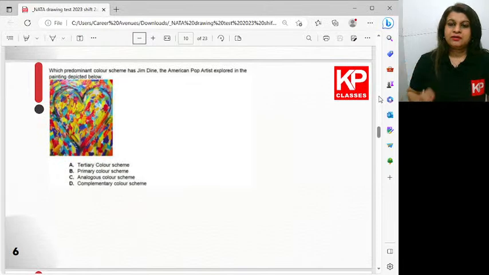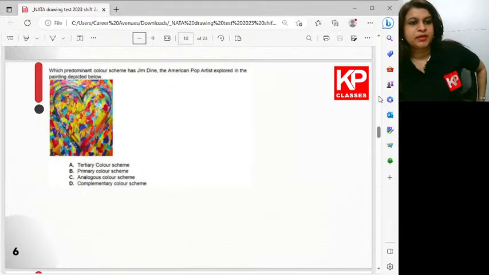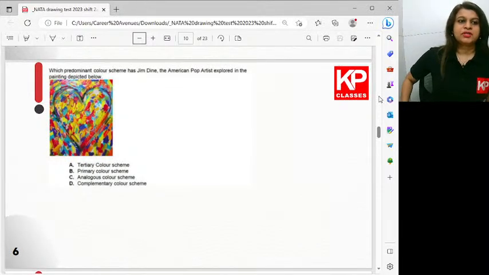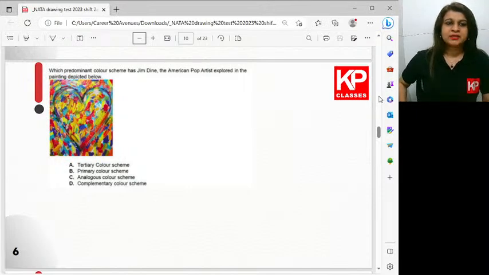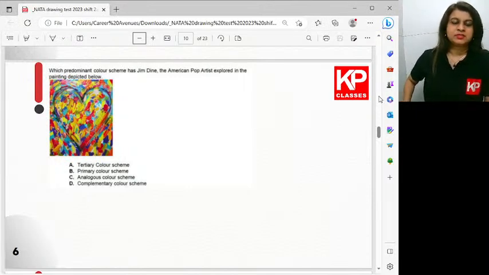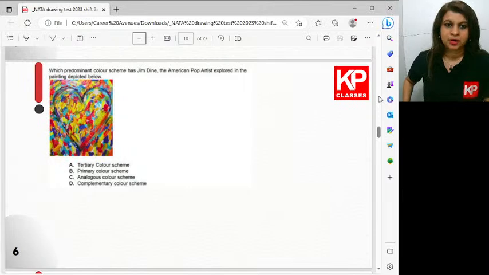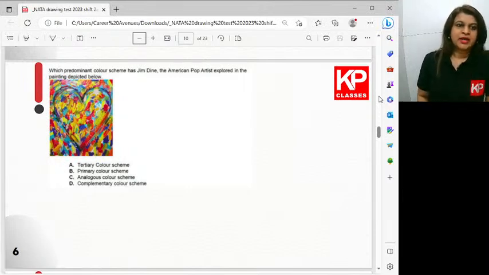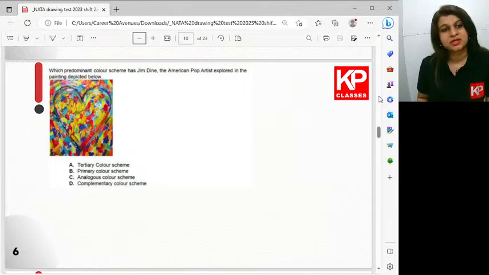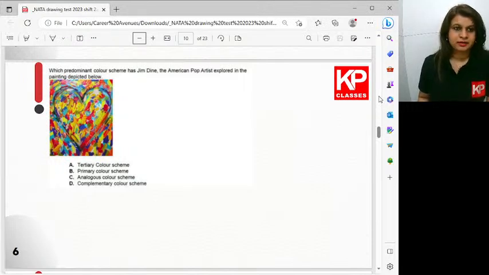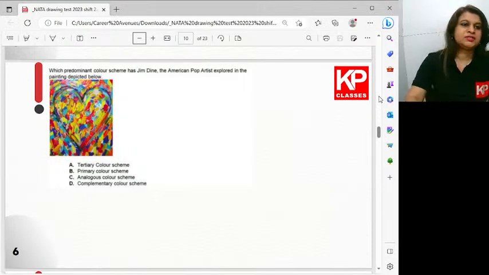Next one, again, we have a particular artwork in front of us. Okay, and this is done by an American pop artist, and this is depicting certain things. So the question is, what is the predominant color scheme in this particular image? So the predominant color scheme that we can see over here is, what do you see?